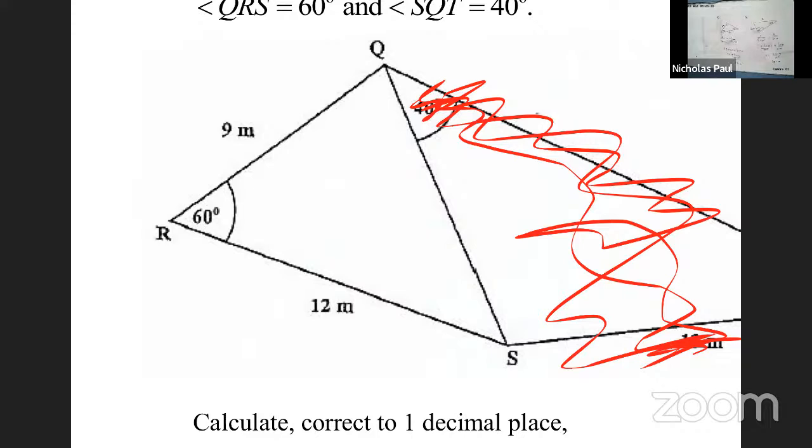So go ahead, use the cosine rule. Richard, do you follow why we're using the cosine rule? Nathan, do you follow why? Listen, we did this already.